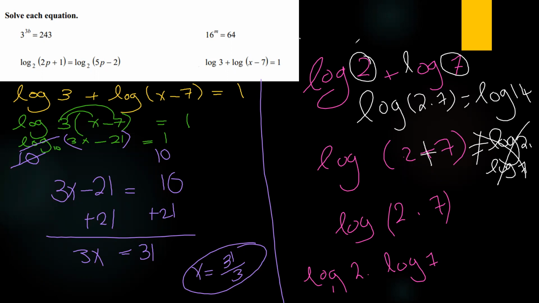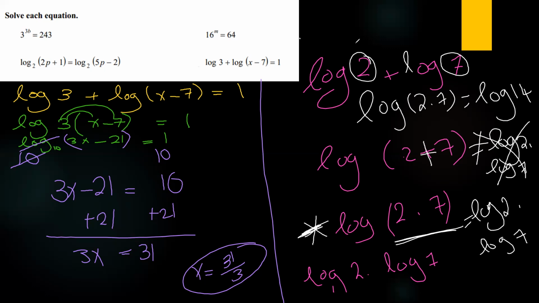So if the two numbers are multiplied or divided, I can expand it. If the 2 numbers are added or subtracted, I cannot. I can only expand if they are multiplied or divided. This case only, if the 2 numbers are multiplied.